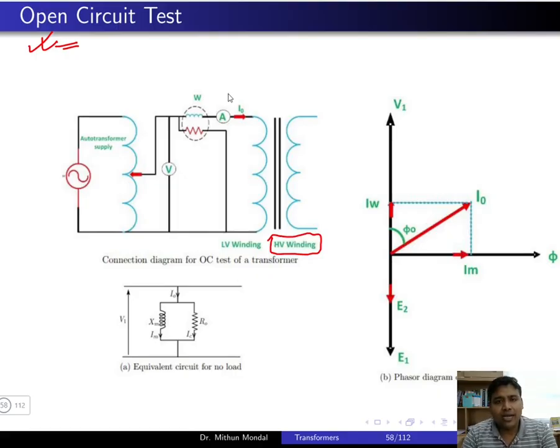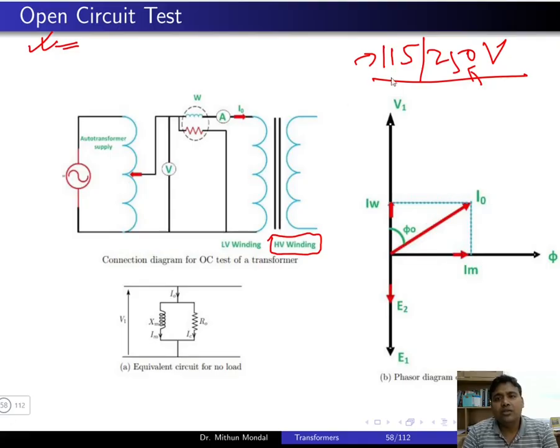You have understood from the previous few lectures that when we state the transformer rating, suppose we say a 115 by 250 volt transformer, we are not focusing on the primary or secondary side, because we can make either the 115 side or the 250 side the primary. So rather than calling the winding primary or secondary, we just describe it as the low voltage winding and the high voltage winding.